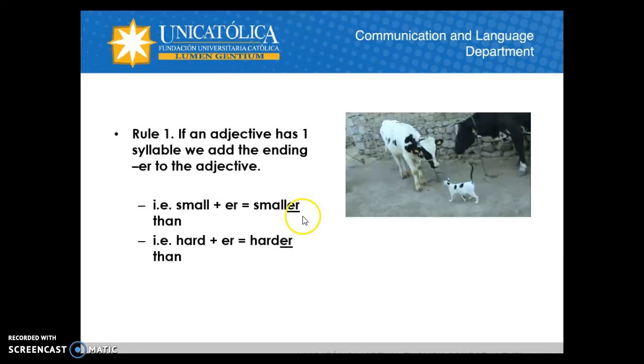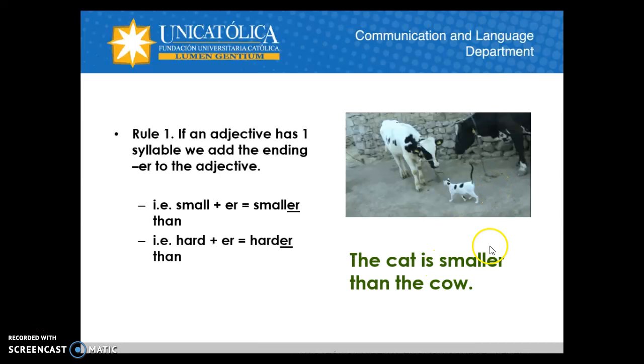Smaller than. Always when you're going to compare, you need to use this connector, than. Smaller than, harder than. Okay? According to the picture, we can say that the cat is smaller than the cow.